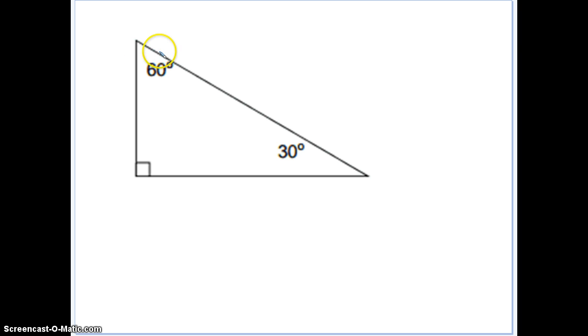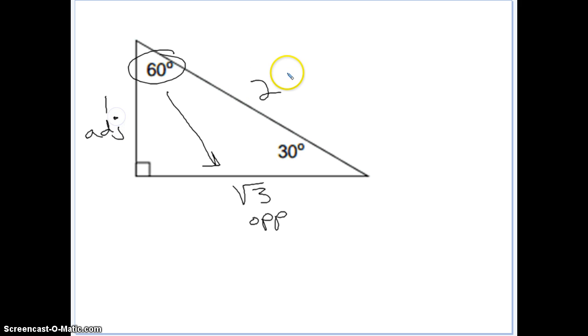What if we want to refer to the 60-degree angle? Well, what happens now is the opposite leg is no longer 1. The opposite leg is the square root of 3. The adjacent leg is the side that is 1, the shorter leg. And 2 is still the hypotenuse. So the sine of 60 degrees is opposite over hypotenuse, so it's the square root of 3 over 2.